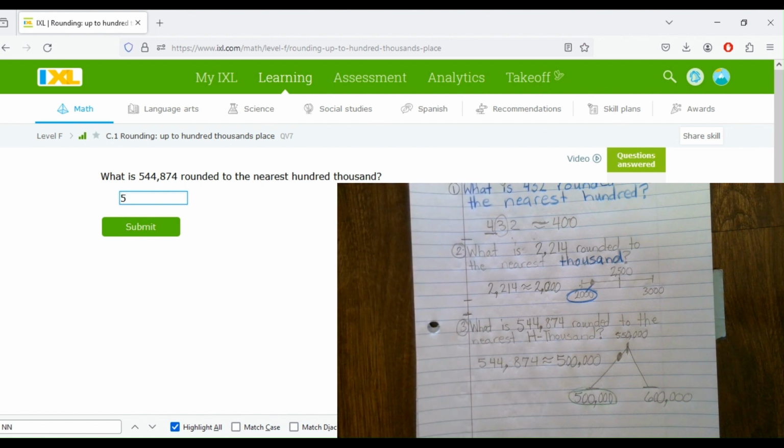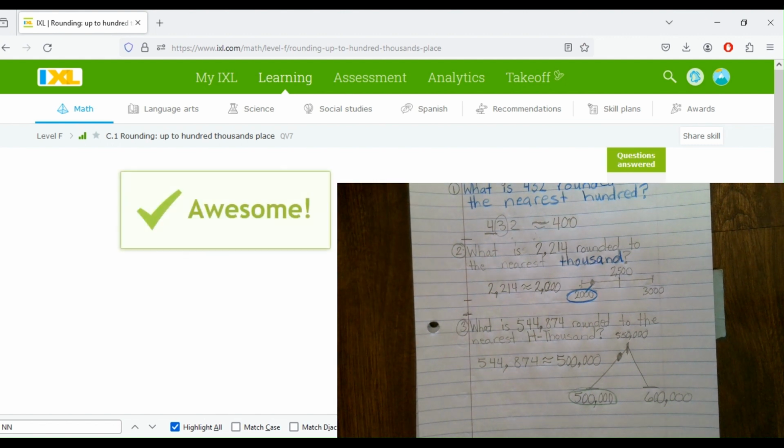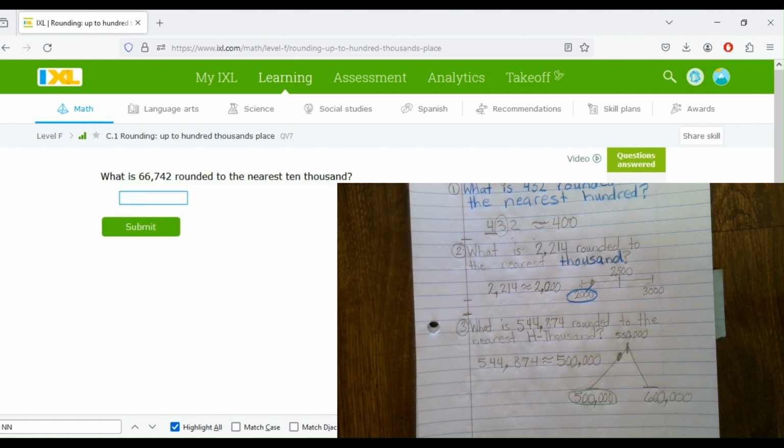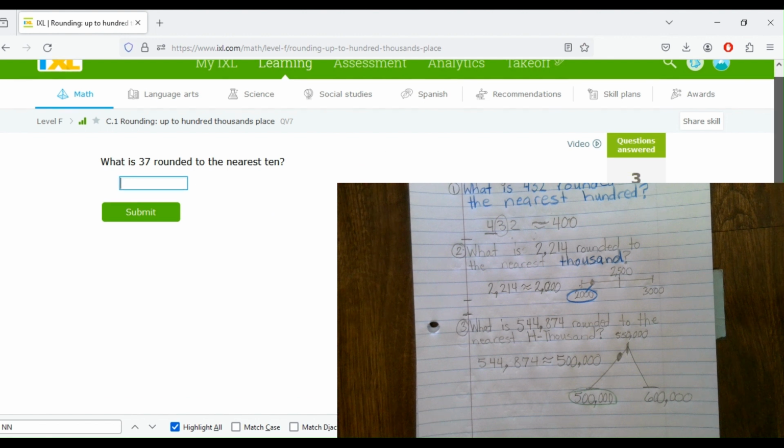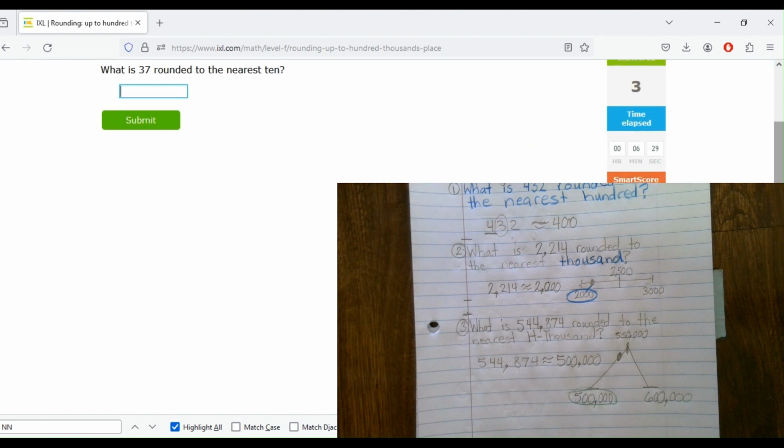It does not matter which rounding strategy you use, so long as you use the rounding strategy correctly. You can use the rounding mnemonic, mark your place and look next door. 5 or greater, add one more. 4 or less, let it rest.